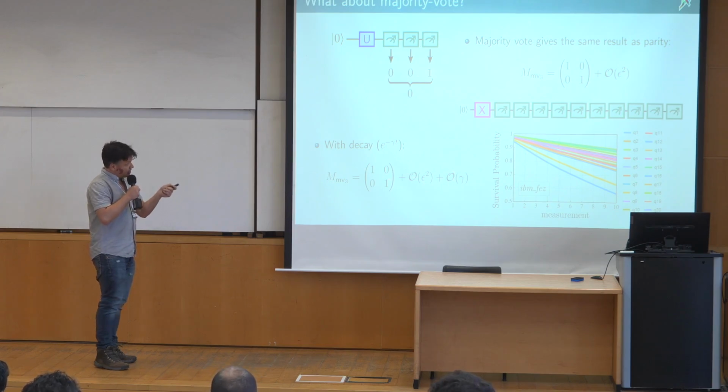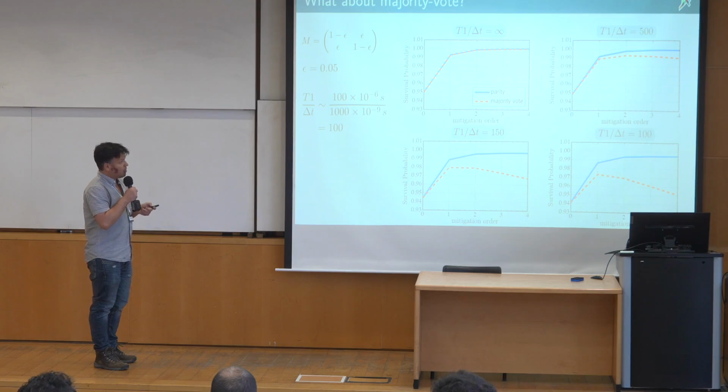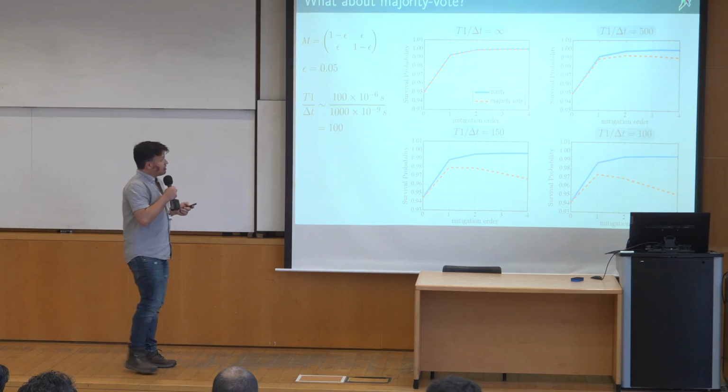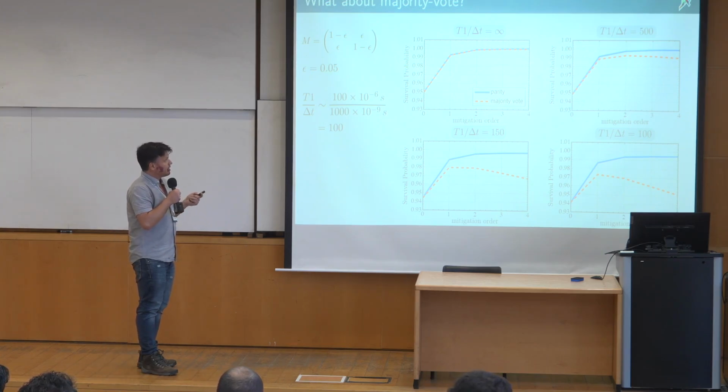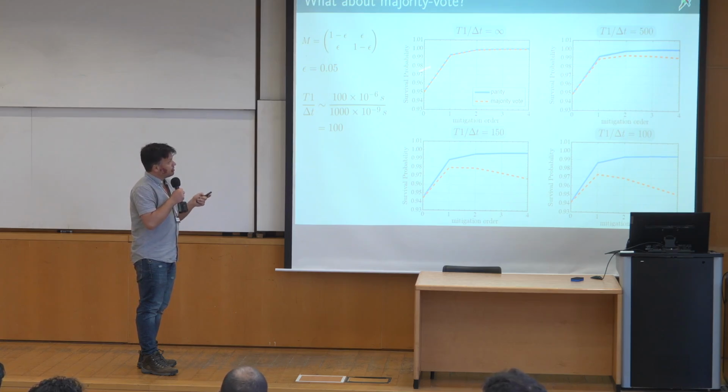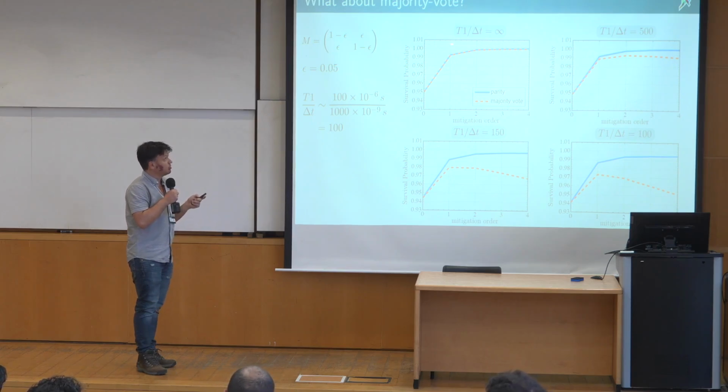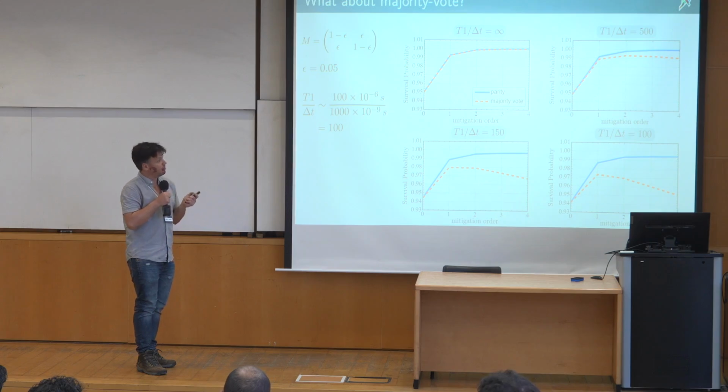Over here, I am going to show you some simulations where I'm comparing the effect of parity and majority vote. I'm preparing the qubit in the excited state and considering a measurement with readout error and considering the decay. In each one of these panels I changed this ratio between T1 and delta T, where delta T is the time of the measurement.